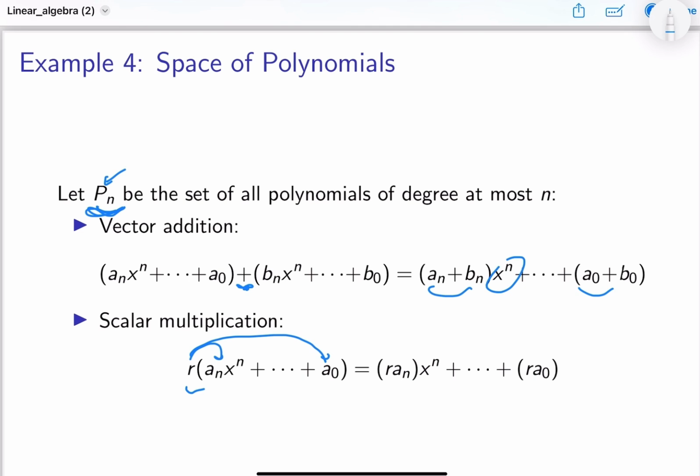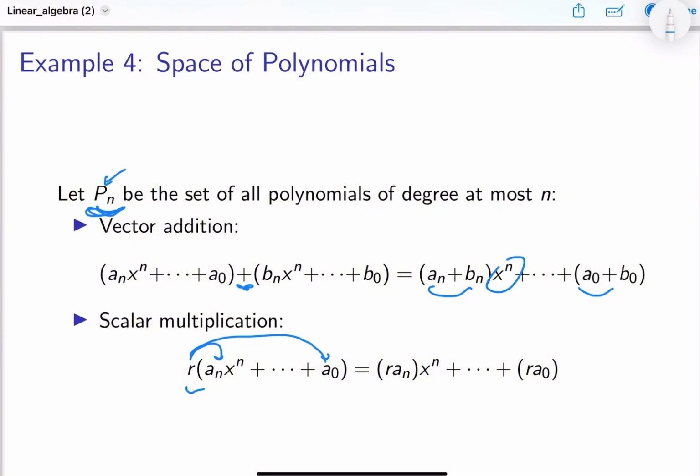So you see, now you have in your pocket examples of vector spaces, namely you have Rn for every n, the space of continuous functions, and the space of polynomials.